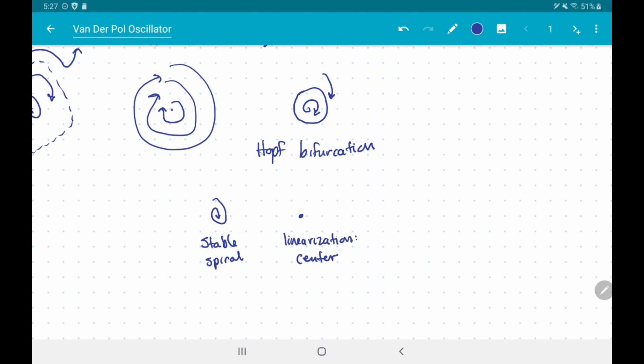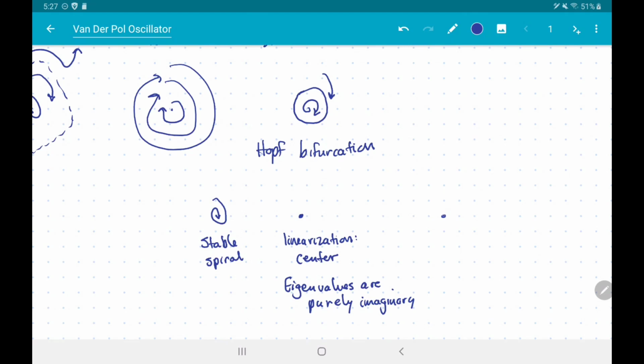So that means that the eigenvalues are purely imaginary. Now, as to what the vector field actually does in this case is very case dependent. Every nonlinear system does something different right there.